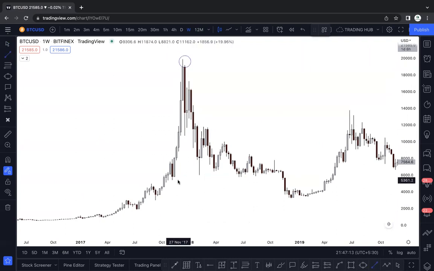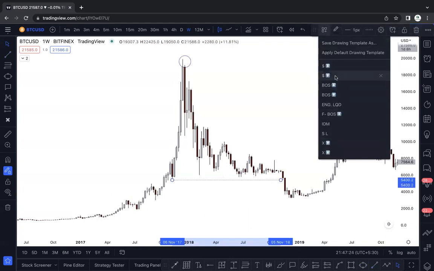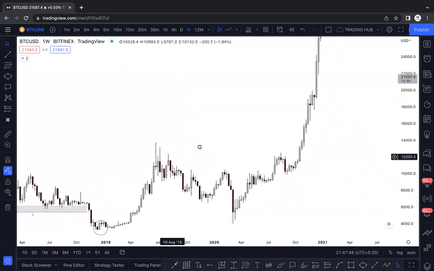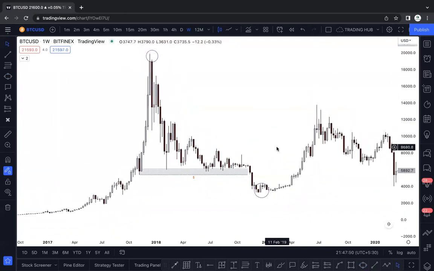So where was our first order block? Is here in this case, correct? Then the market took out all this liquidity, and this is also support and resistance type of liquidity, because everyone was buying here, including me. I entered Bitcoin roughly here, and this was the zone where I held Bitcoin, and this point was when I sold all my Bitcoin, and then the market pushed higher, and then I quit.